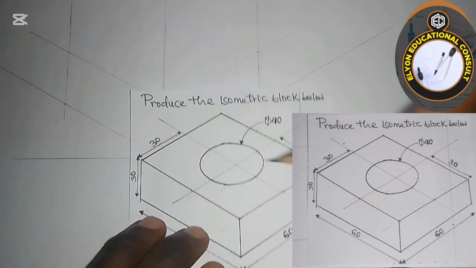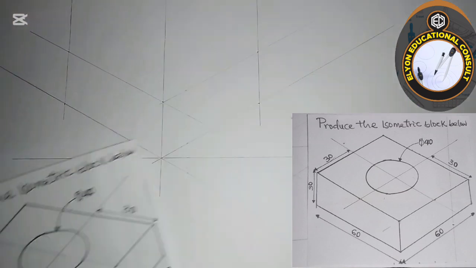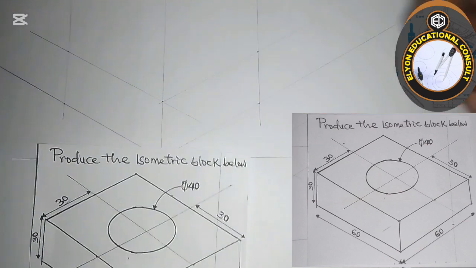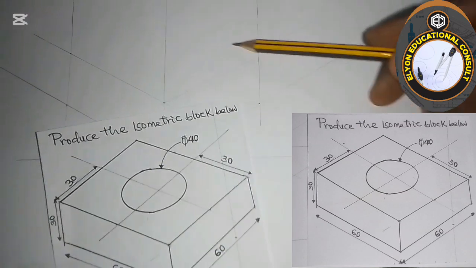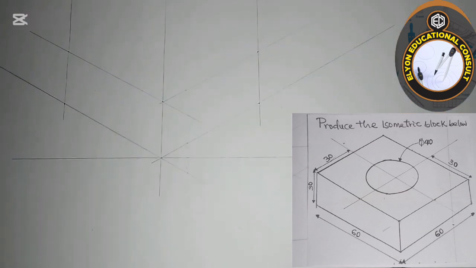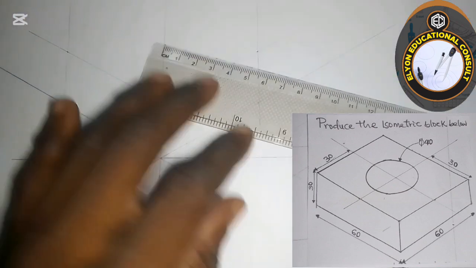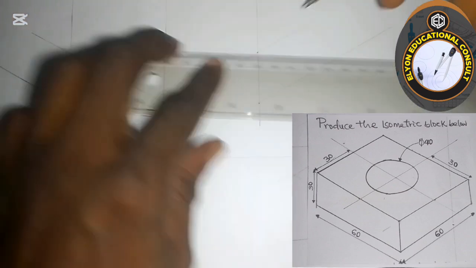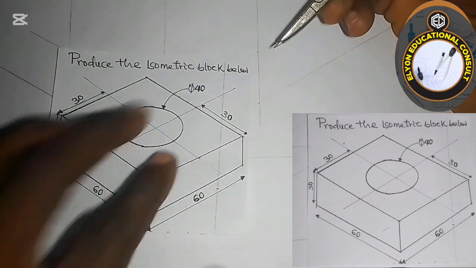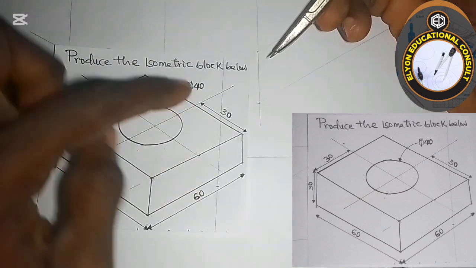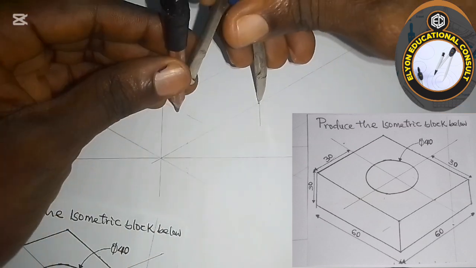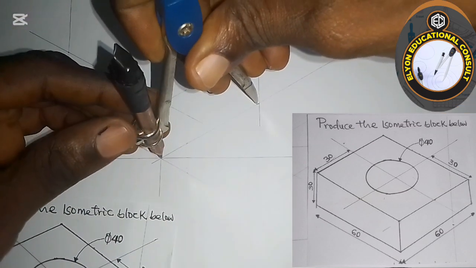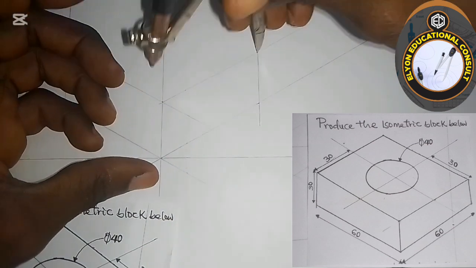So we draw the top now. This side is 60, then this side also 60. So this side has to be 60 as well. So all I'm going to do now is to stretch my compass to 60. Since this side is 60 here, and this also will have to be 60, I can just pick this length now, which is equal to that.